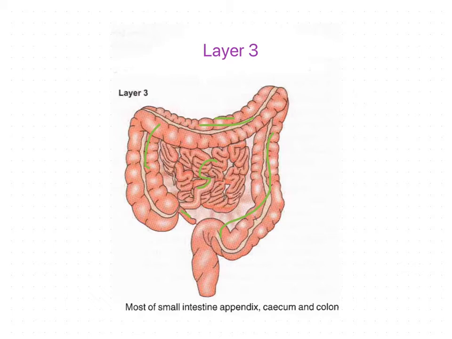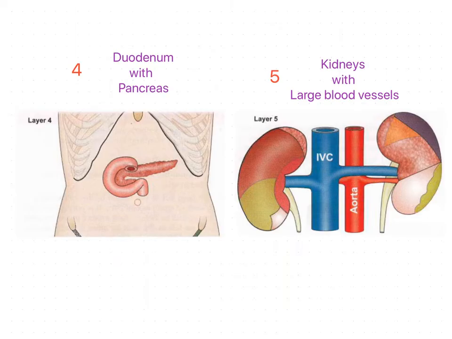And the next layer, that is the fourth layer. We have seen in the second layer the liver, stomach and the greater omentum, and in the third layer the small intestine and the colon, and after that the next layer goes to the duodenum along with the pancreas, which forms layer 4.